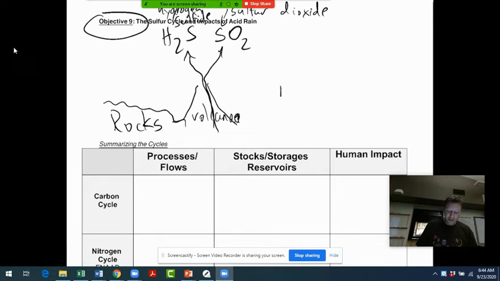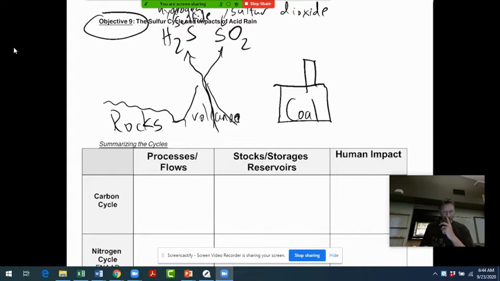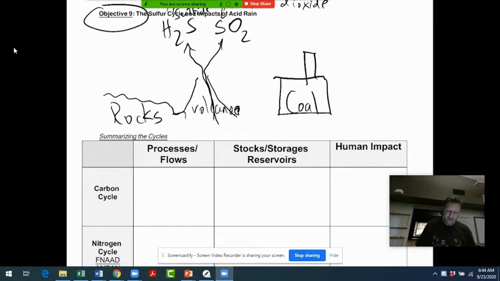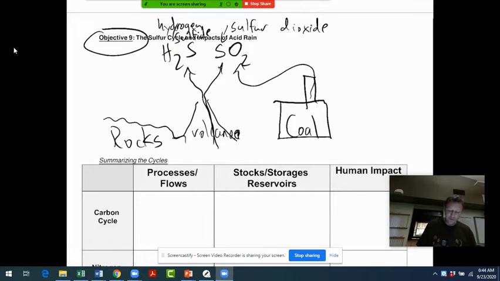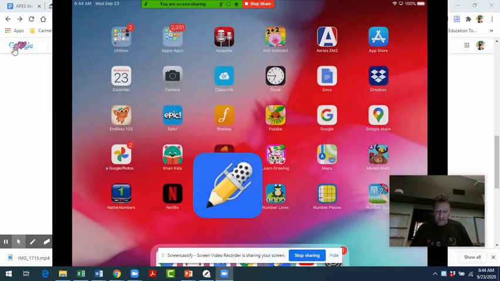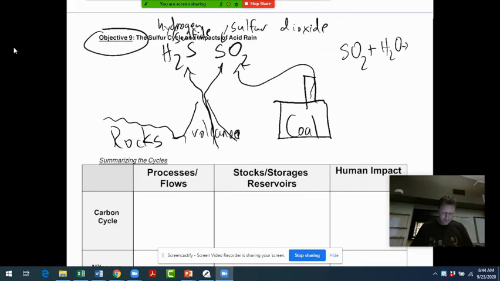And then the major human disruption to the sulfur cycle is when we burn coal. Coal, one of the reasons it's considered the dirtiest of the fossil fuels is because it releases lots of sulfur dioxide. And the important thing to know at this point in this course is that sulfur dioxide can combine with water, and suddenly you have something called H2SO4, which is sulfuric acid.